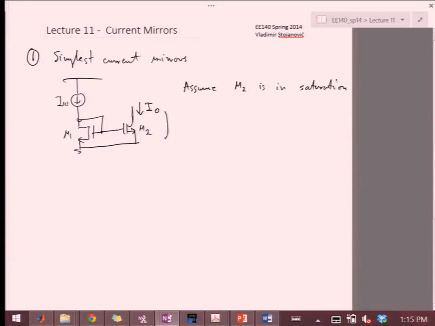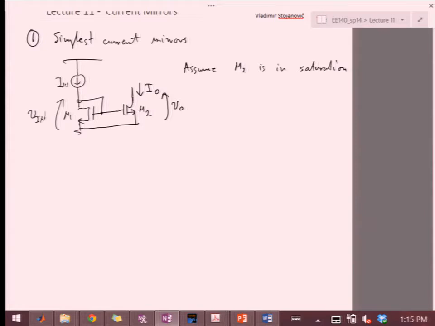So we assume that M2 is in saturation. We label this as our V out, and this will be our input voltage here. Let's analyze the circuit in a few scenarios. First, the idealized version where there is no channel length modulation effect, which means my current is independent of the VDS voltage.